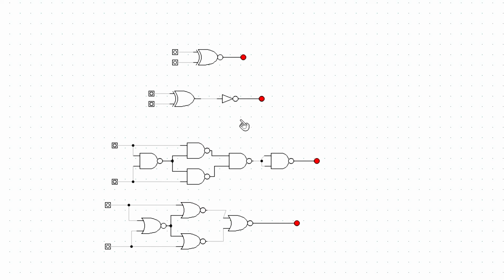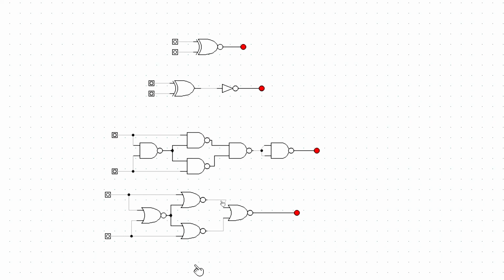But you can see here we've got 4 little circuits. We've got a circuit here with an XNOR gate in. The next one down is a circuit with an XOR gate and a NOT gate. This third one here has 5 NAND gates in it, combined in a specific way. And this last one has 4 NOR gates in it, combined also in a specific way.